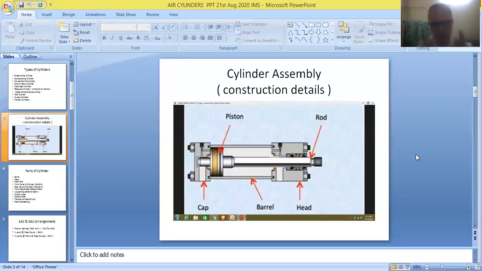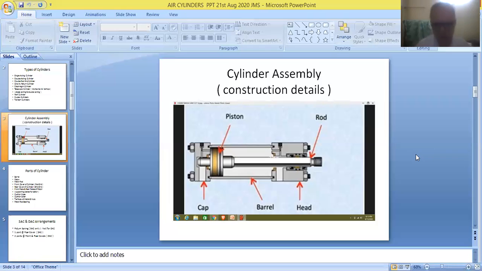So friends, in the case of a single acting cylinder, we have to indicate only one port at the rear cover and provide a return spring inside the cylinder. Whereas in the case of a double acting cylinder, we have to indicate one port at the rear cover of the cylinder and another port at the front cover of the cylinder.